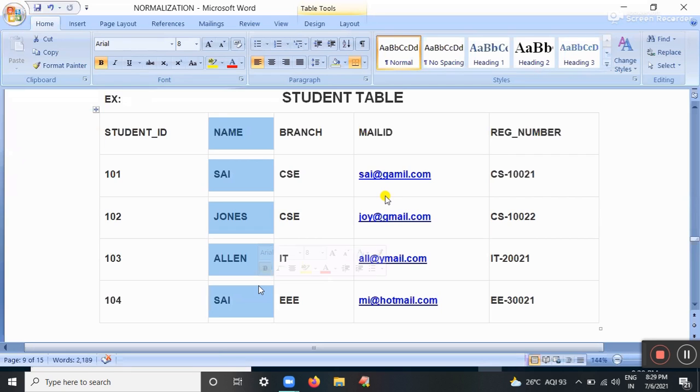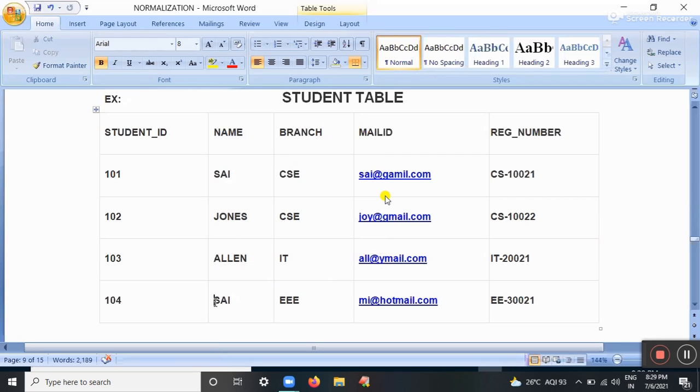In a classroom, maybe both students' names are the same. In a company, both employee names can be the same. That's why, here, observe the name column: Sai and Sai. So duplicates are there. That means name is not a super key column. Like the branch column, branch is also having CSC, so the branch column is also not a super key.